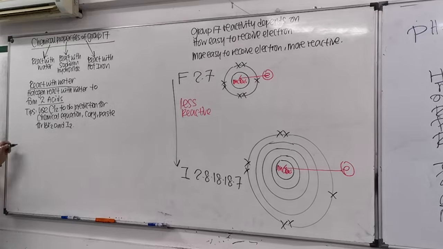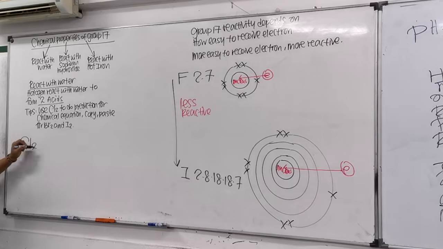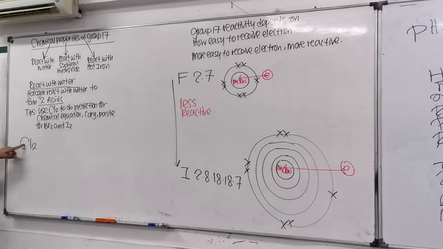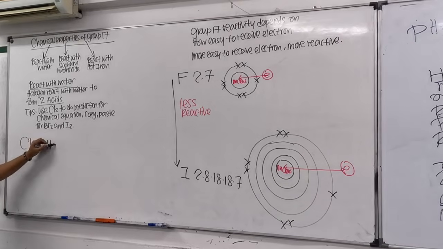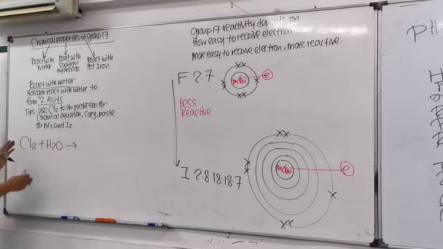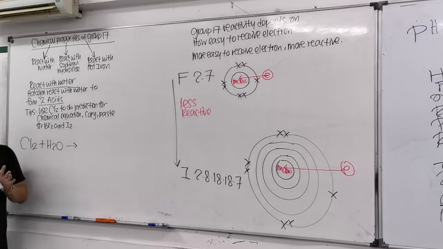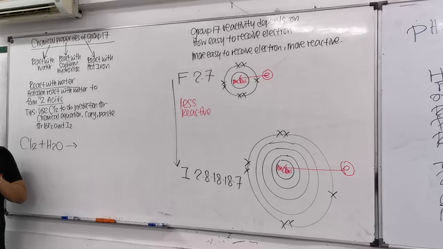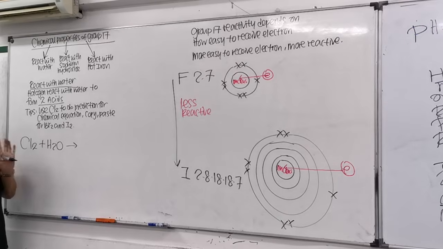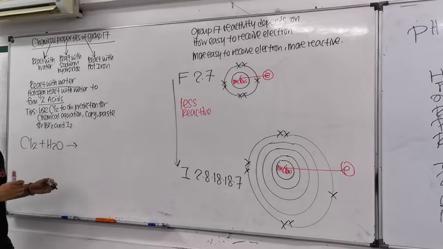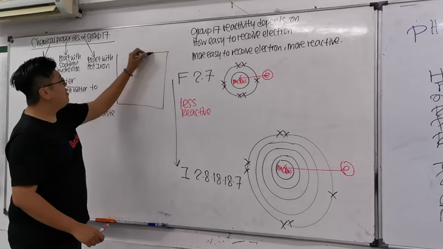Now follow me. This is chlorine. I teach you how to do this without memorizing. Chlorine plus water. You want to form acids. You will learn this in your Form 4 Chapter 7, but let me teach you now. Acids always start with H. I repeat, acids normally start with H. Let me give you some simple examples first.